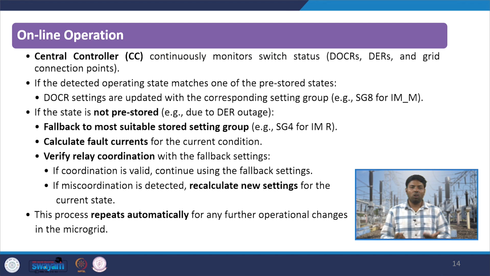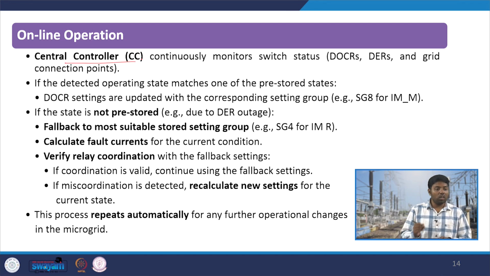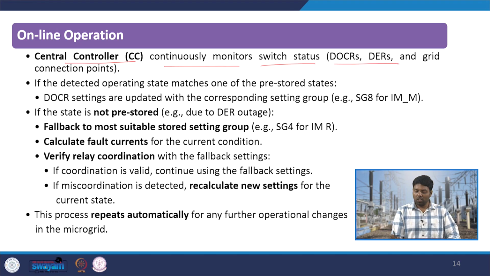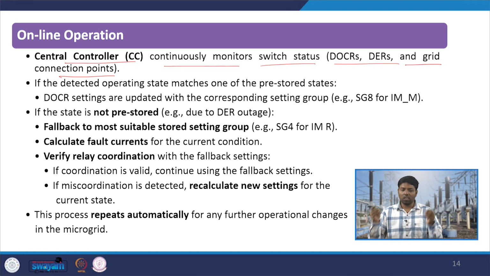Then you come to the online part. So, in the online what will you do? The central controller of that microgrid or distribution network continuously monitors the switching status of the DOCRs, DERs and the grid connection points. That means your SW1, S1, S2 and SW2 are continuously monitored, whether it is radial or meshed, 1 PCC point or 2 PCC points, or even islanded mode.